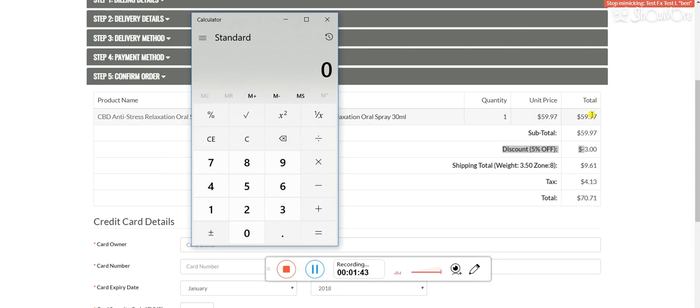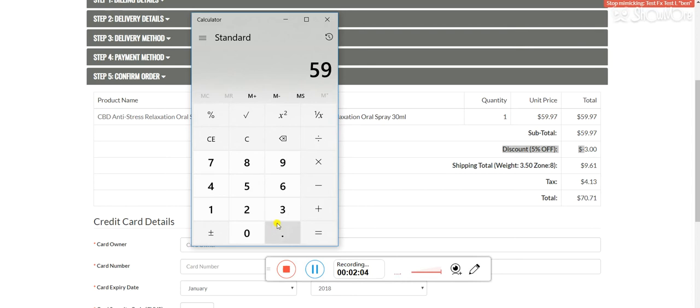Let's start with subtotal 59.97 times 0.05 or 5%. That gives us 3 and it's rounded off to the nearest two decimals. So 3 is displayed here, so this amount is correct.